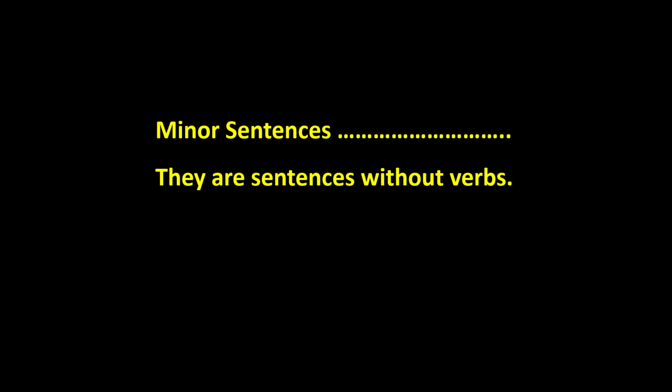Sentences without verbs are minor sentences, but in English, they enjoy the full rank and status of sentences. So when we say a sentence must have a verb, that is only true in most cases, but it's not an absolute rule. We can have minor sentences which are complete sentences, but they do not have verbs. So it is possible to make sentences without verbs.